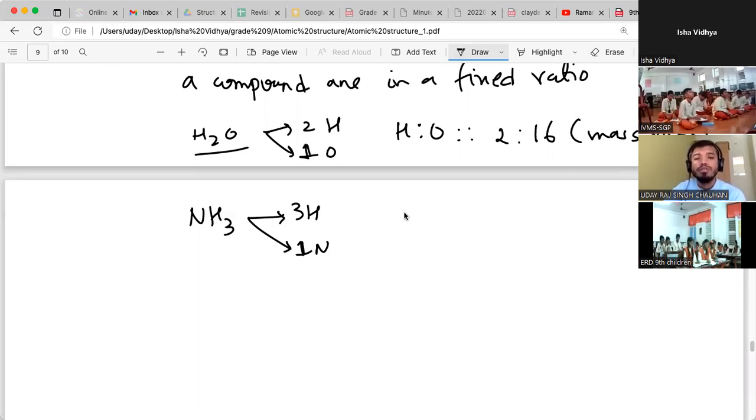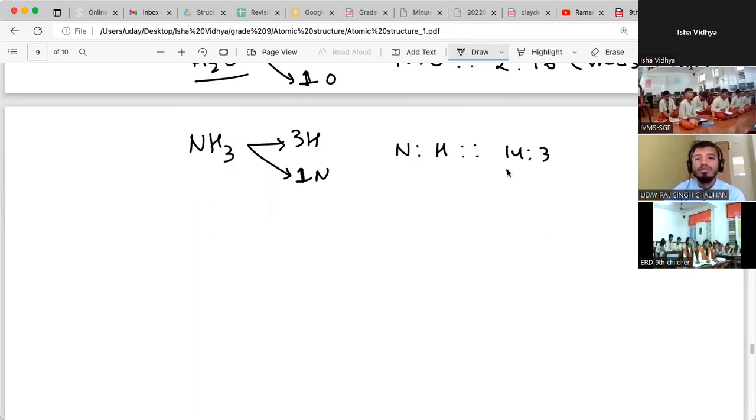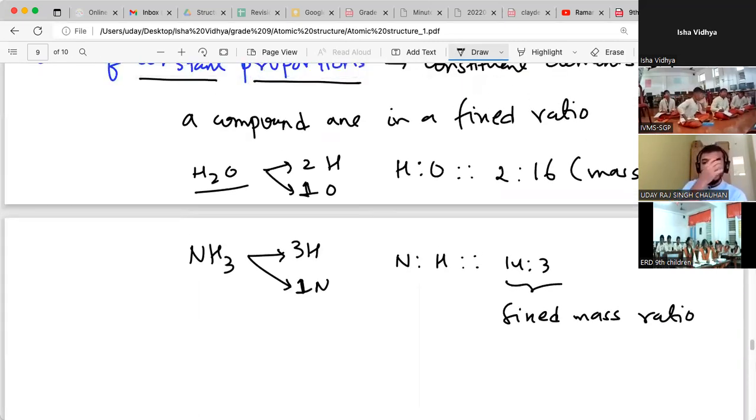That is also fixed, right? For NH3, nitrogen to hydrogen is 14:3. So that is also a fixed mass ratio, right?